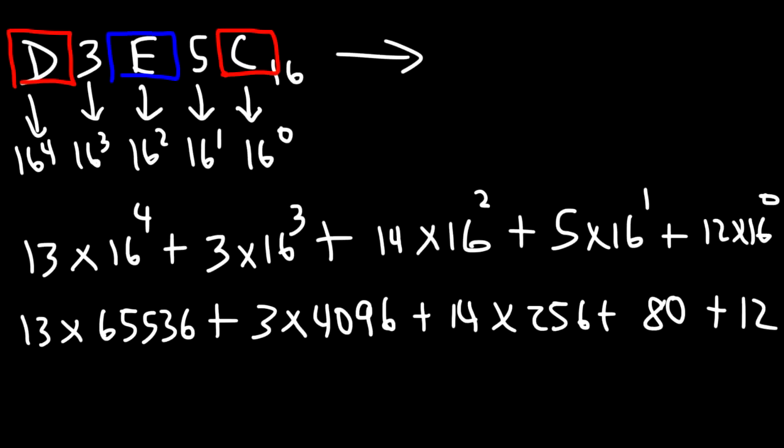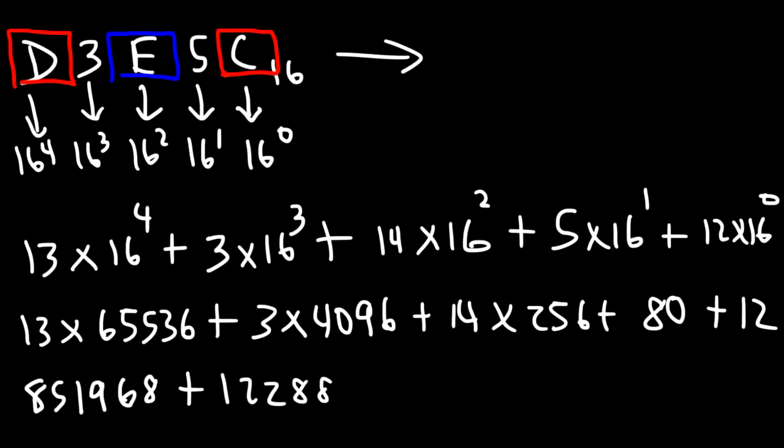Now let's multiply 65,536 by 13. And so that's going to be 851,968. And then it's 3 times 4,096, which is 12,288. And then we have 14 times 256. So that's 3,584.